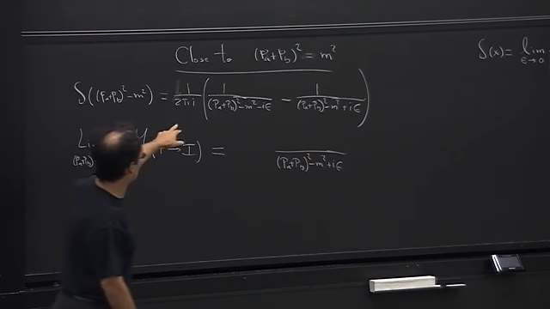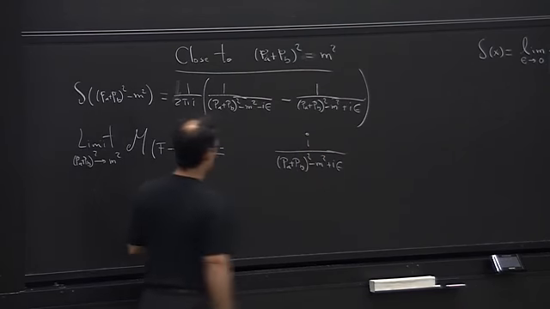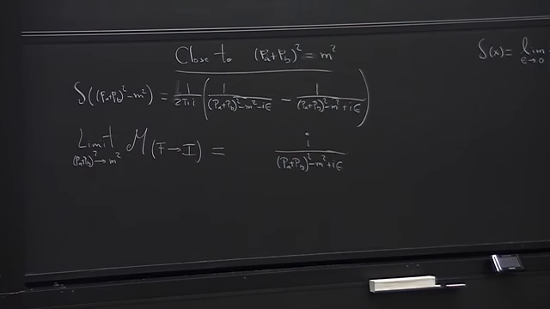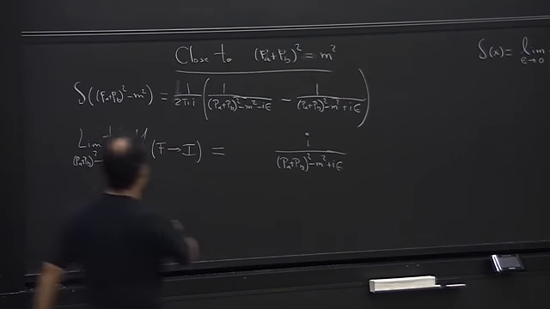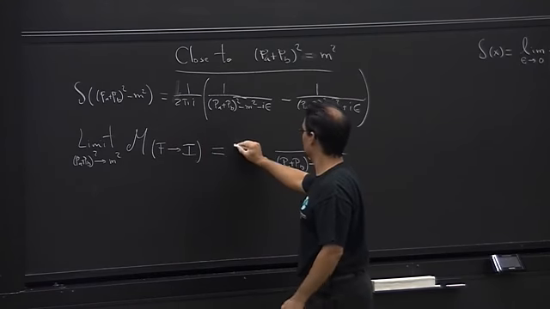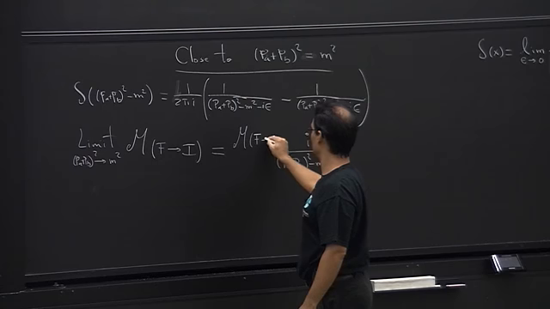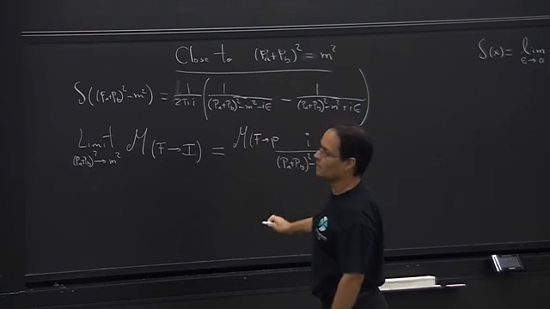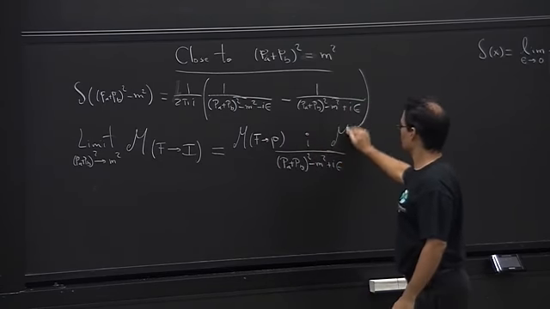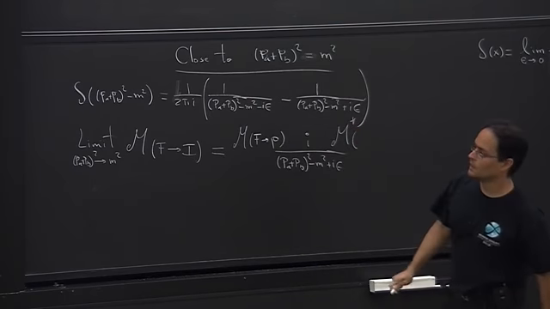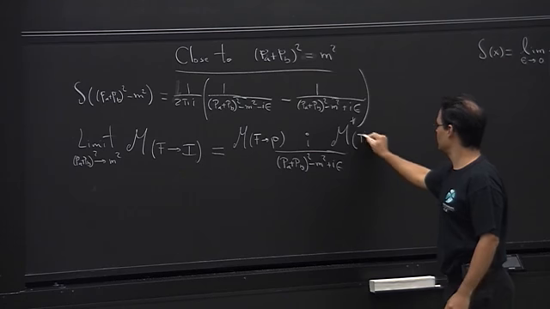In fact, if we work out even the i's, that will give us an i, and we get this on top, which I'm going to write here as this, and then i to P.